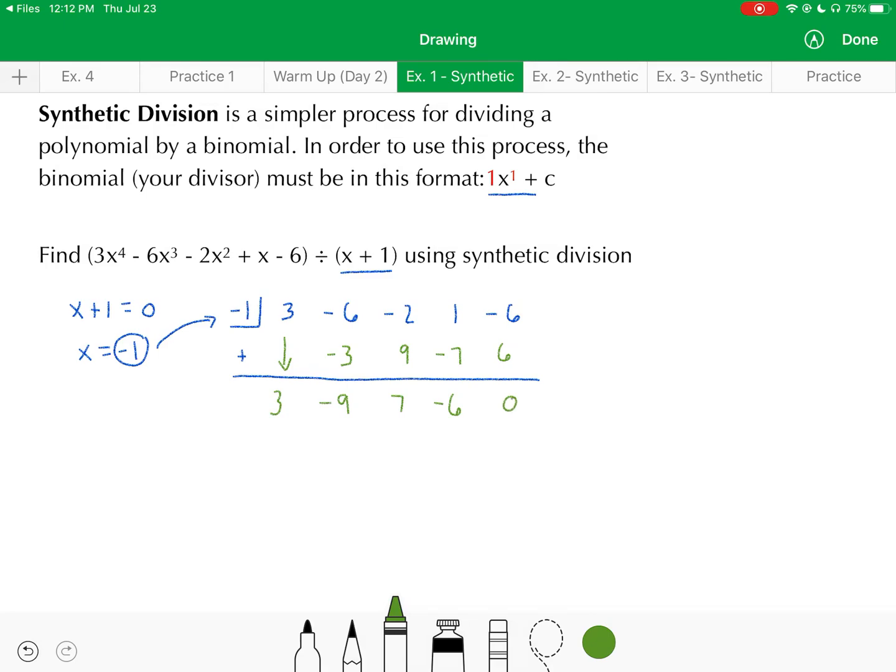And I always like to put a few dashed lines in front of that last value to represent the fact that this last number is always my remainder. All right, so we're seeing that everything divides evenly here.